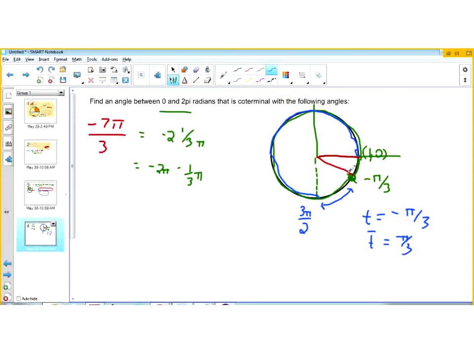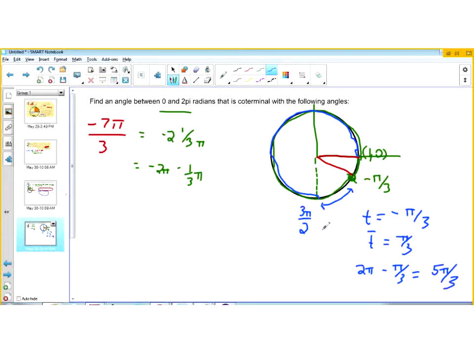So a positive angle that's coterminal with negative 7 pi over 3 would basically be 2 pi minus the reference number, which is equal to 5 pi over 3. That's one way of looking at it.